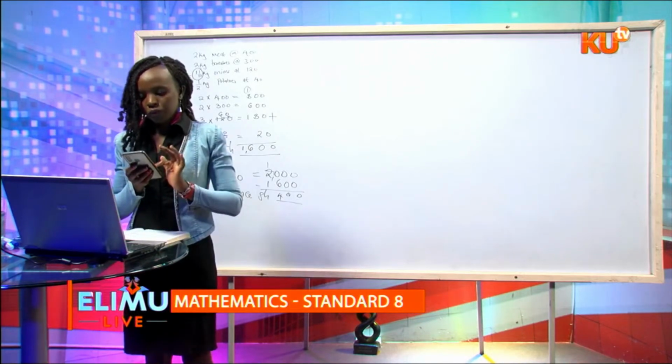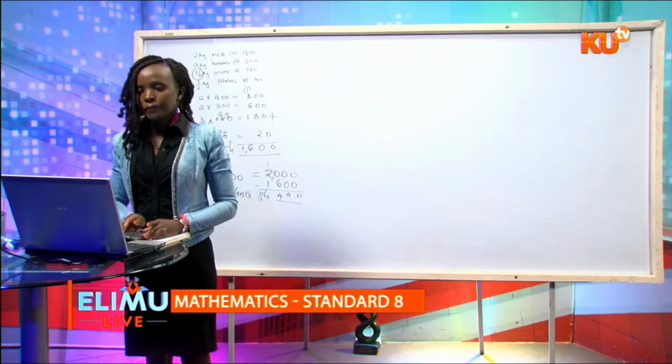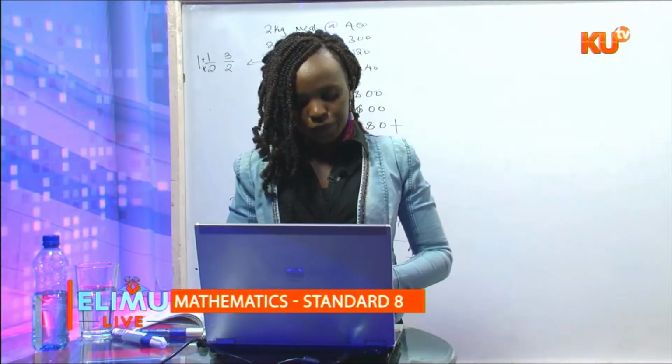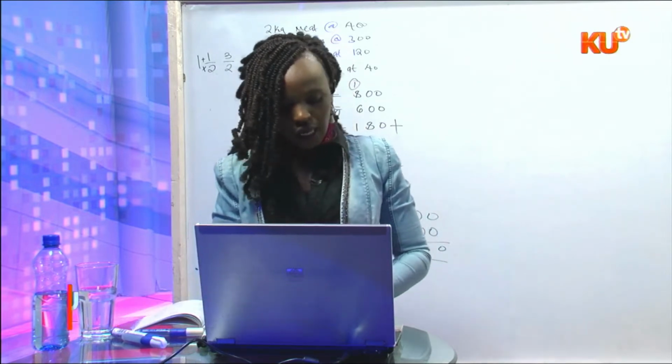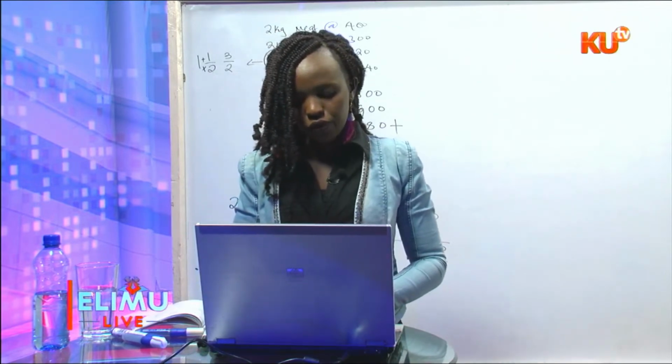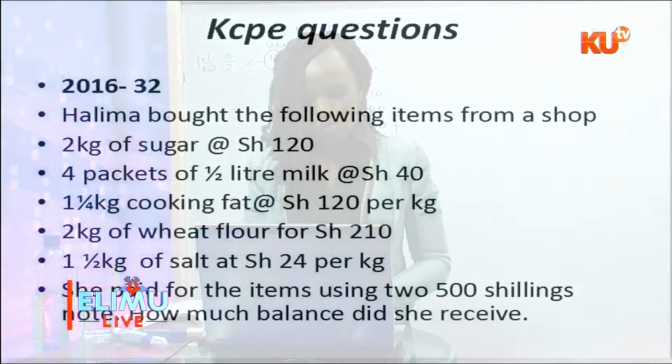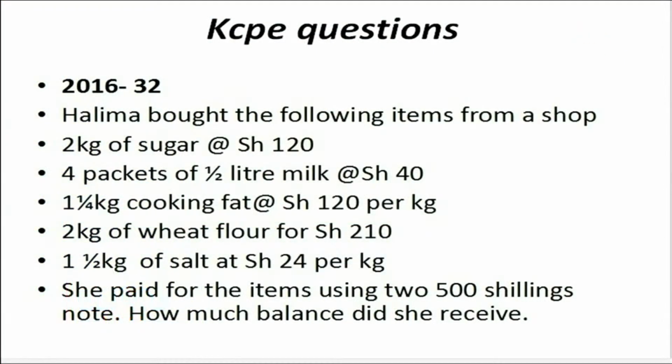Then we go to 2016, question number 32. The question reads: Halima bought the following items from a shop. 2 kgs of sugar at 120 shillings per kg. Then 4 packets of a half liter milk at 40 shillings.